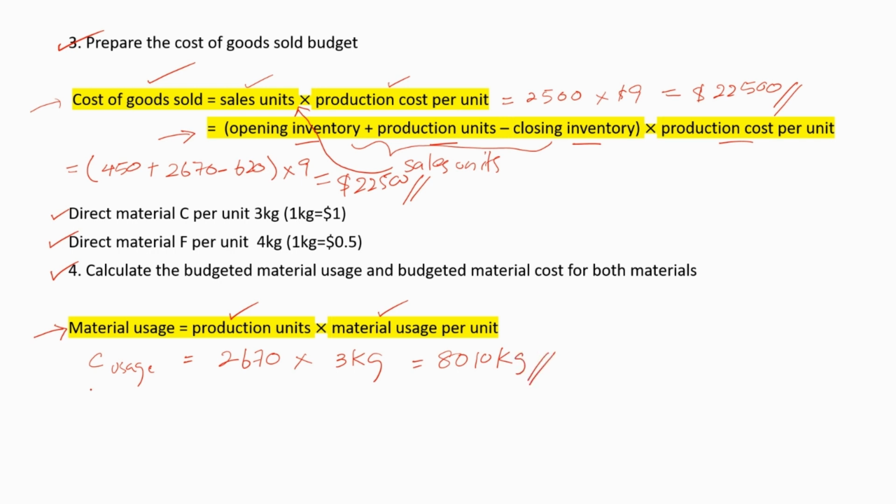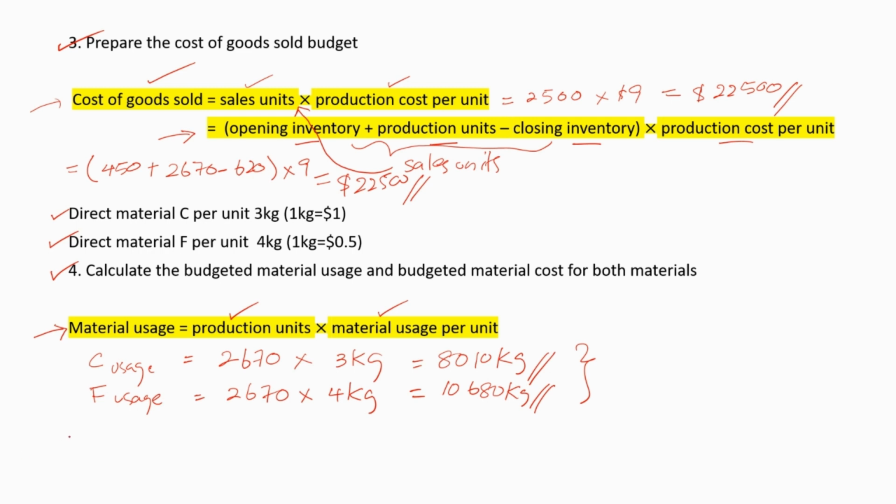Now let's calculate the usage of material F. This is equal to production units 2670 multiplied by 4 kilograms. This is equal to 10,680 kilograms. So these are the material usage for the next year.